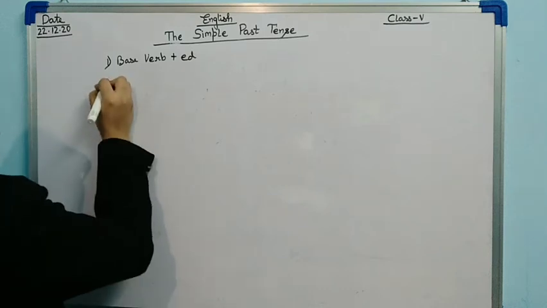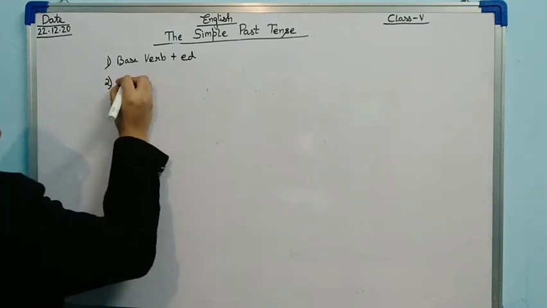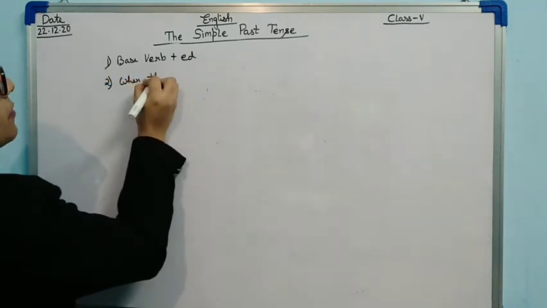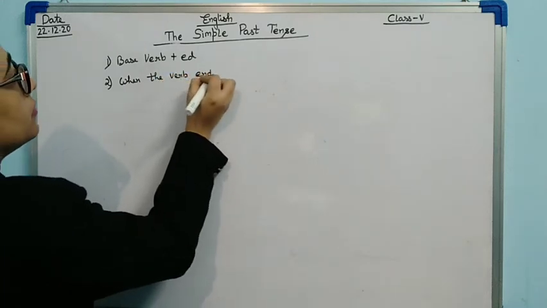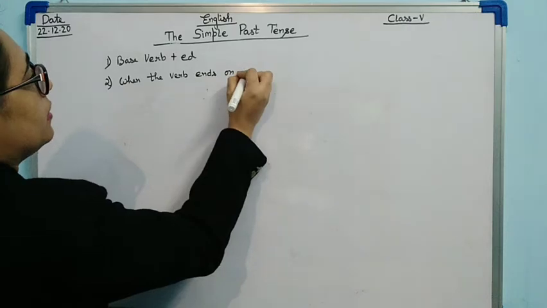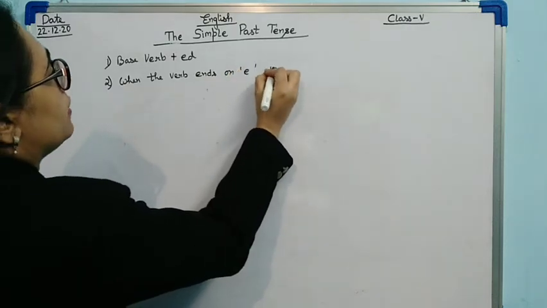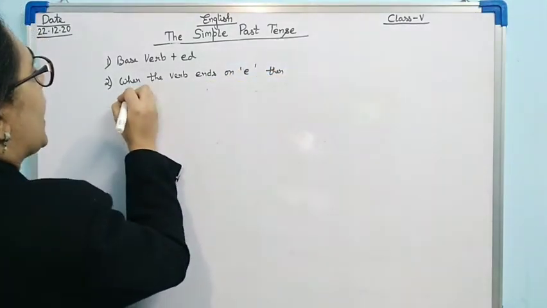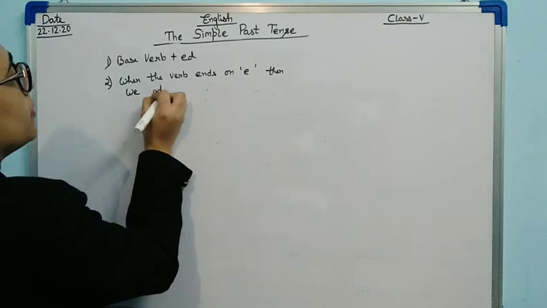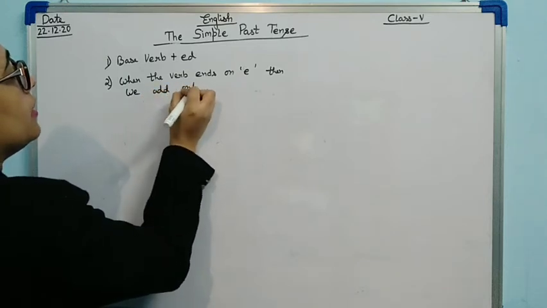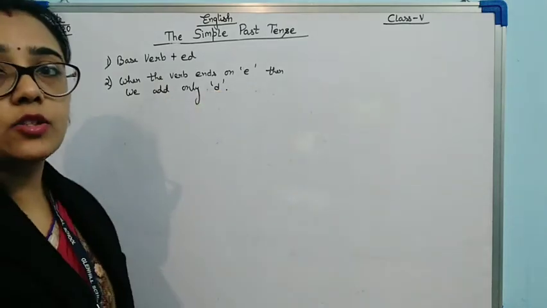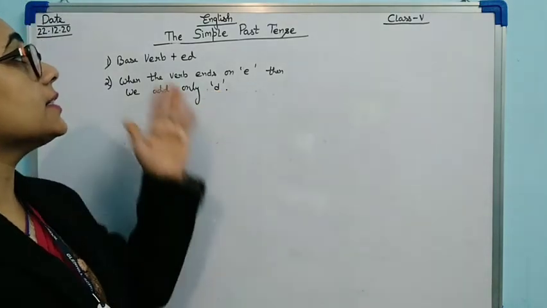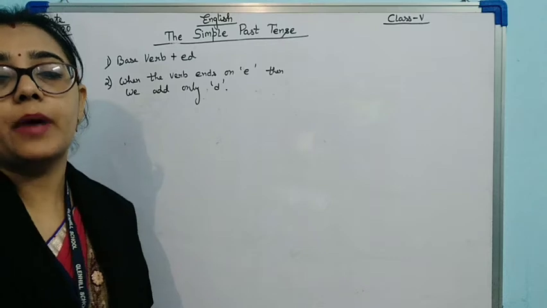Second thing is when the word ends on E, then we add only D. These two things you have to keep in mind to make a sentence into simple past tense.